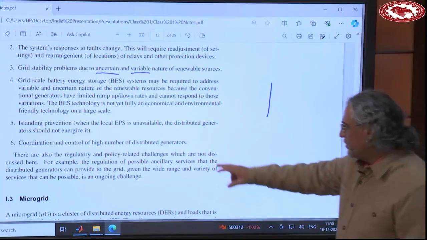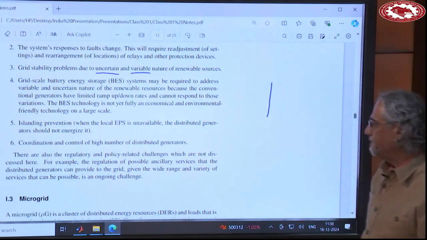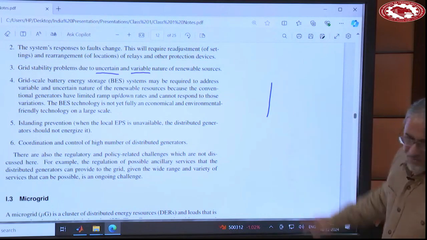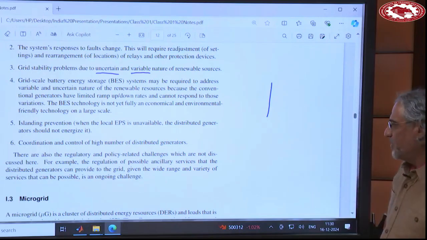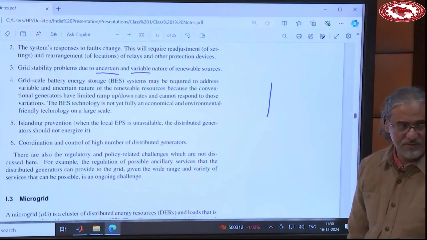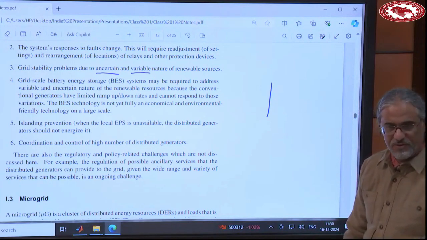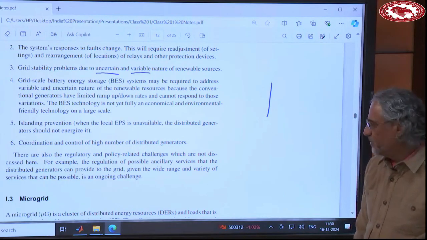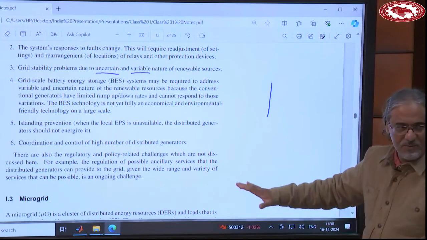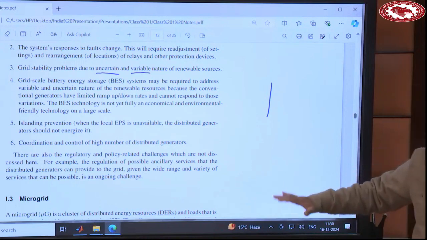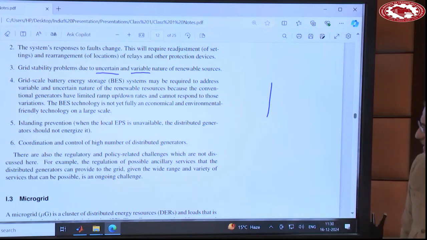So this also can become very challenging. So these are all technical aspects. Then obviously there are regulatory and policy related challenges, which is not my job, and probably not most of yours. But these are other aspects that utilities and governments need to take care of.